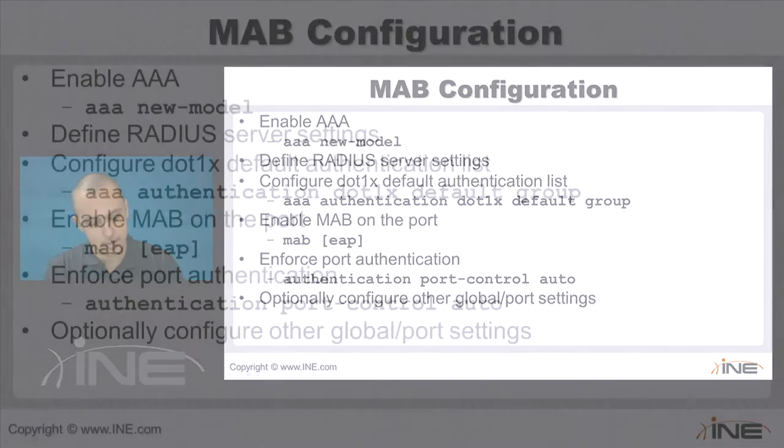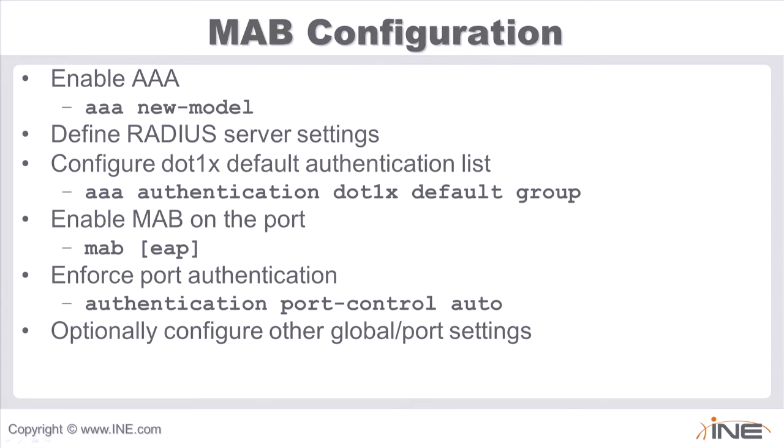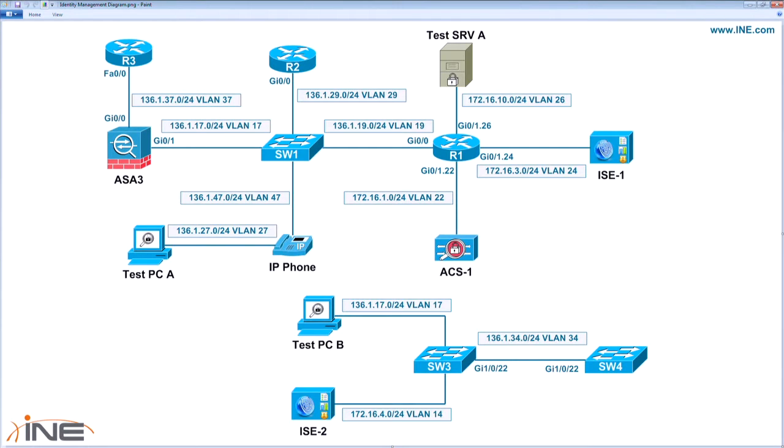If we look at the diagram, to see what processes we're going to go through, I'm going to take R2 as the client. This would be the client that I want to authenticate in the network, and which is connected to switch 1. So switch 1 will be the authenticator, which will speak RADIUS with ISE.